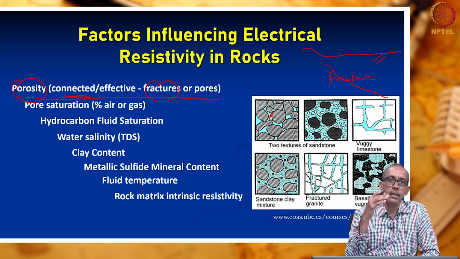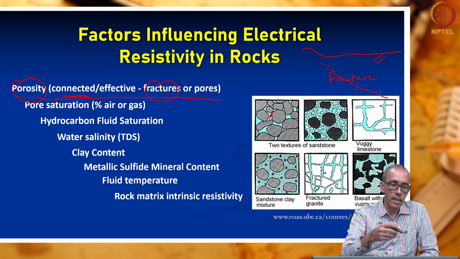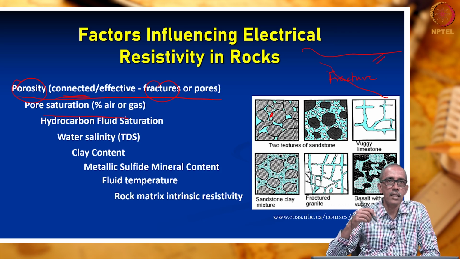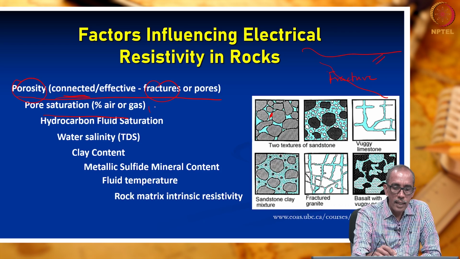So, the measured resistivity helps us to understand whether the rocks are fractured, whether the rocks have a lot of pores or porosity, whether the pores are filled with some fluid. We can understand that. That is what I have written in the second statement, right? How much of the pores are filled with air, water or gas?